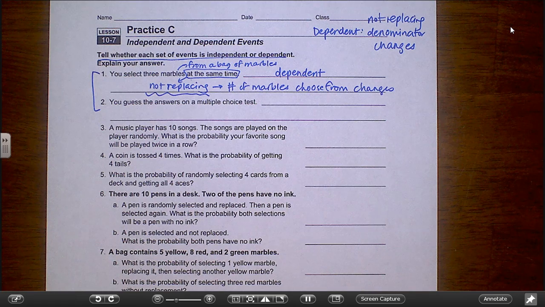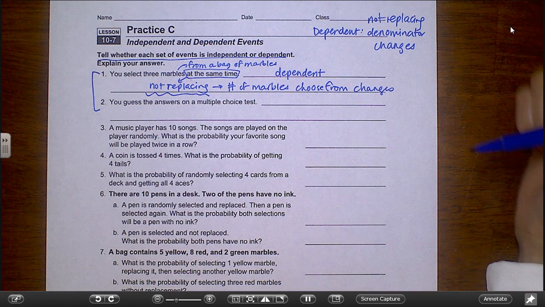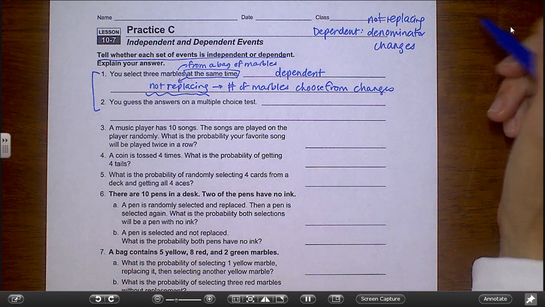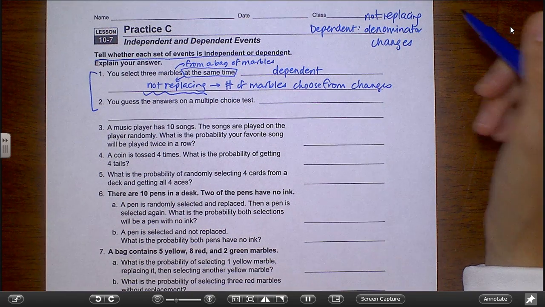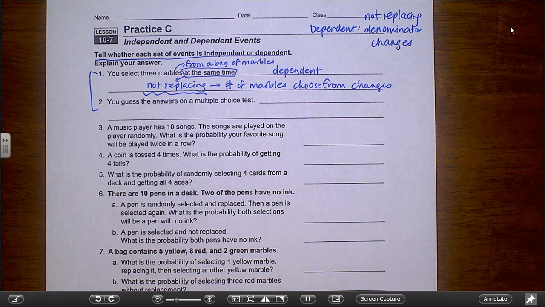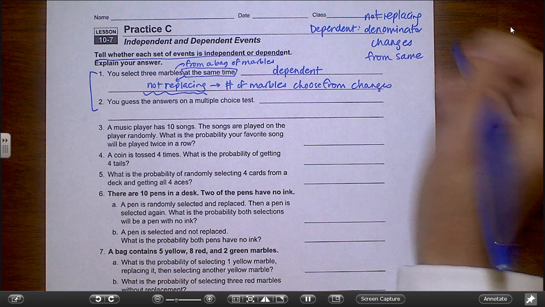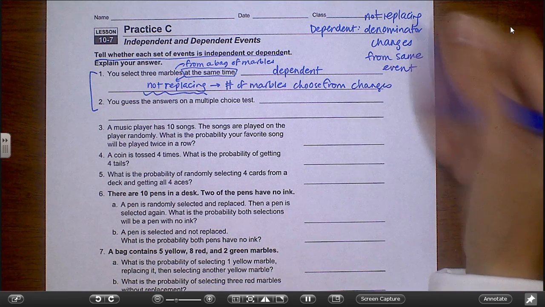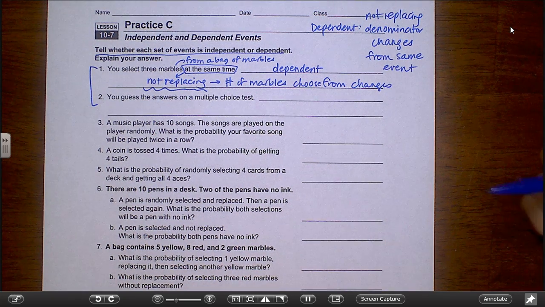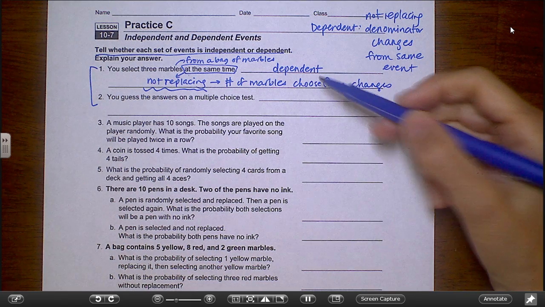And when I say denominator changes, I mean of the same event, right? Because your denominator is different in independent events sometimes too. So you're talking about flipping a coin and rolling a die. Those have two different denominators. One is a denominator of 2, one's a denominator of 6. That's not changing though. What I mean is from the same event, your denominator changes. So your cards go down from 52 to 51. Your marbles go from 10 to 9 to 8 to 7.